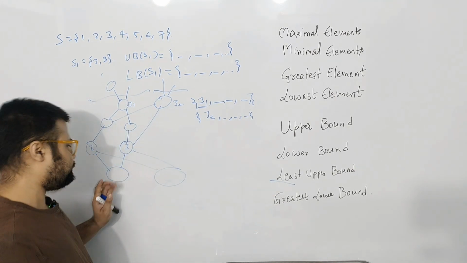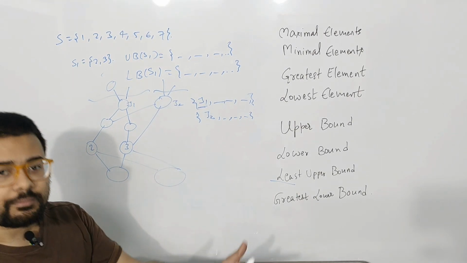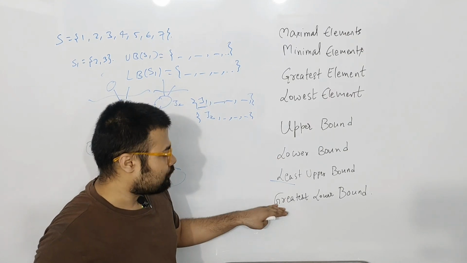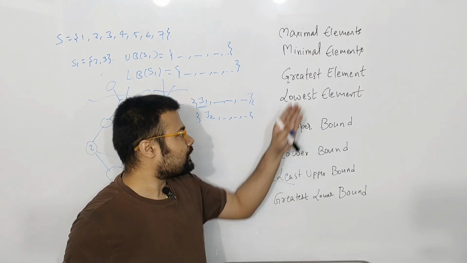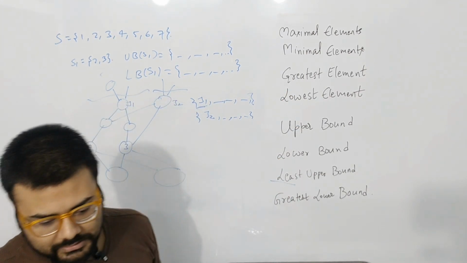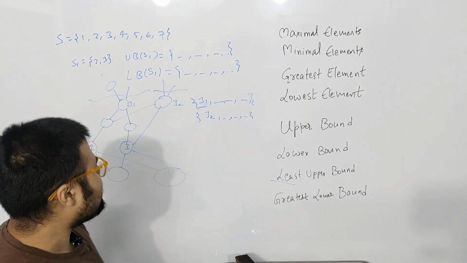And if you have more than one meet point, then you have lower bounds, but you don't have any greatest lower bound. You know what the greatest lower bound is and what the least upper bound is. I have already explained it before. I just wanted to make a summary of it.